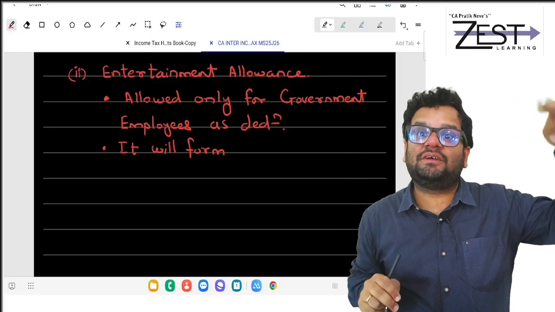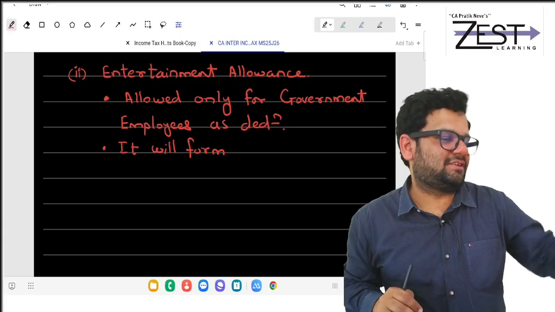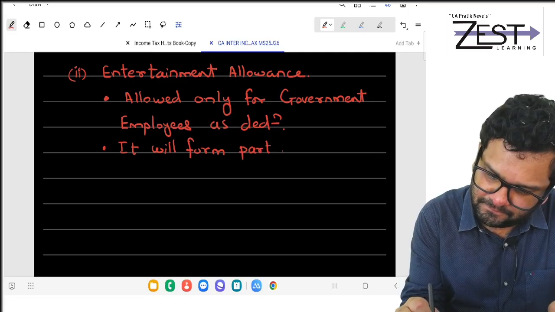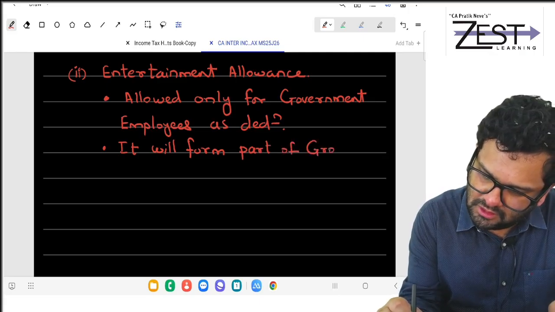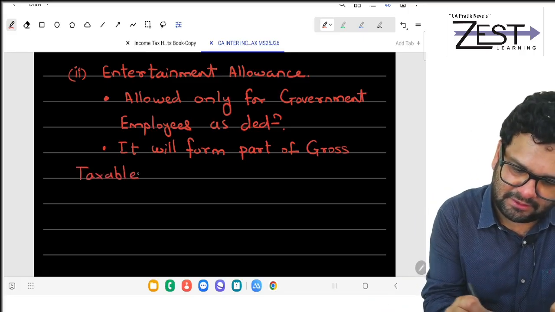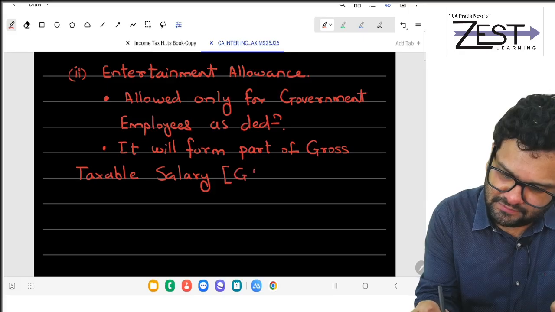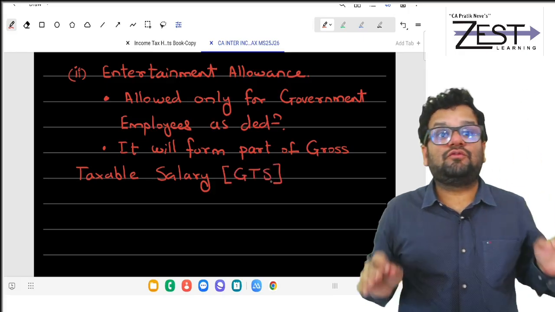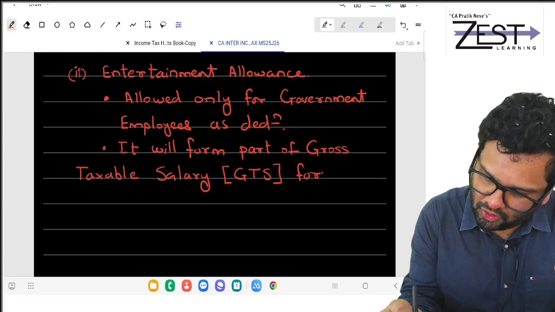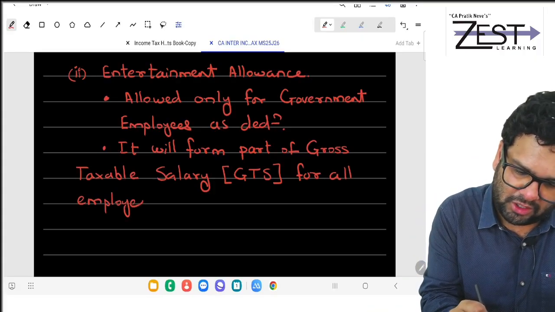Allowance. So allowance is always first taxed. Then you will be given deduction. So it will form part of gross taxable salary for all employees.